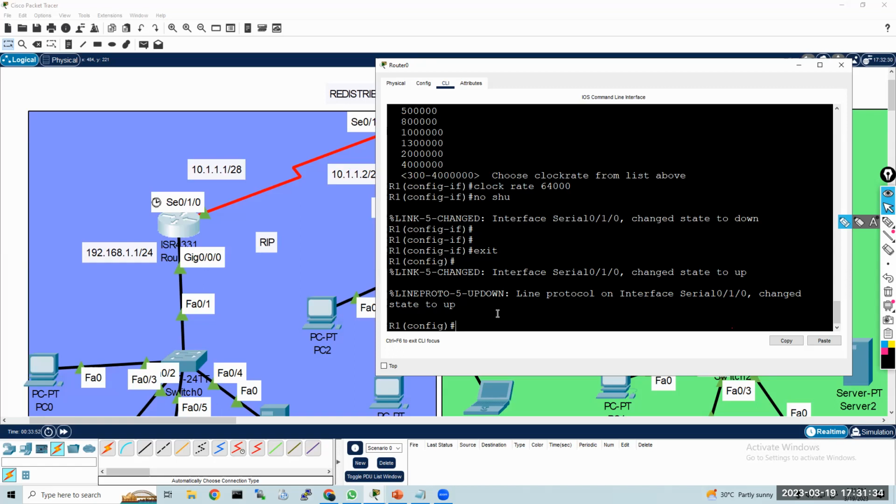So assist me how to do it. Router RIP. Okay, and then enter. Yes.